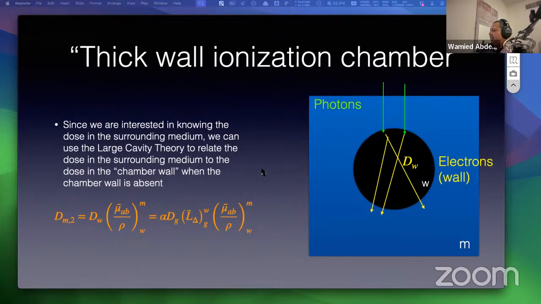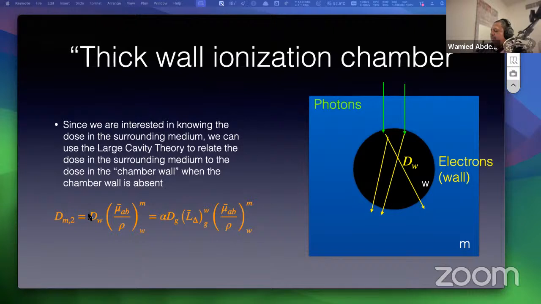In this situation, the dose in the medium, because that's our ultimate interest, for the second source, remember, these are electrons generated from the wall, is given by the dose in the wall multiplied by the ratio of the mass energy absorption coefficients, medium to wall. It's not cavity, it's medium to wall.